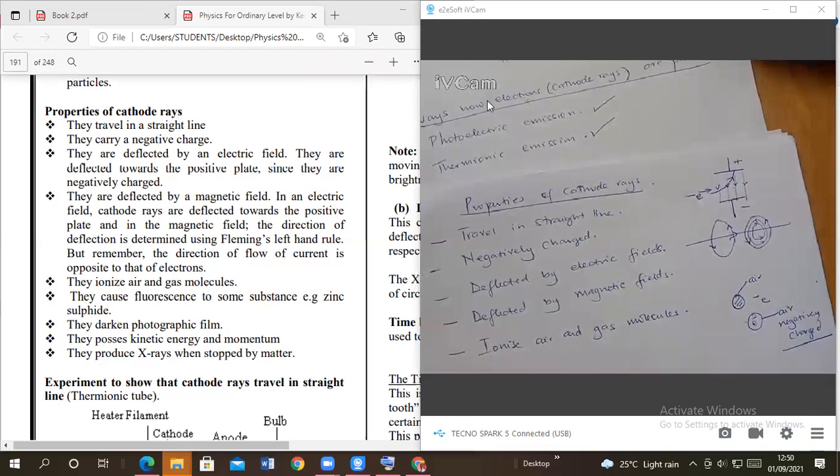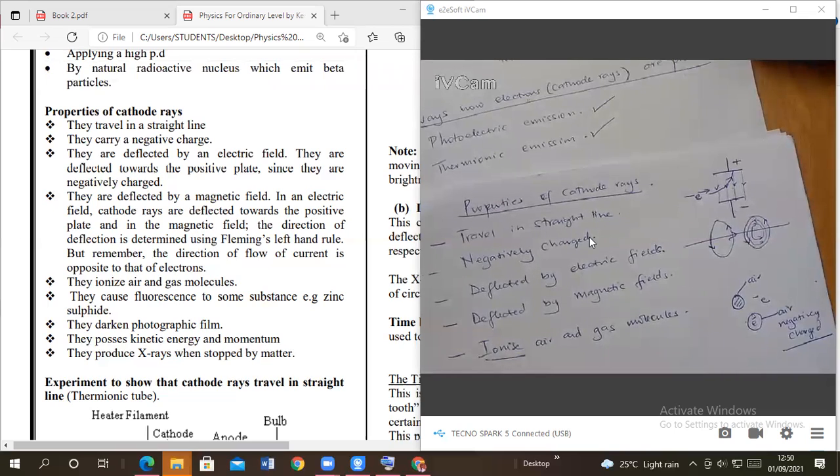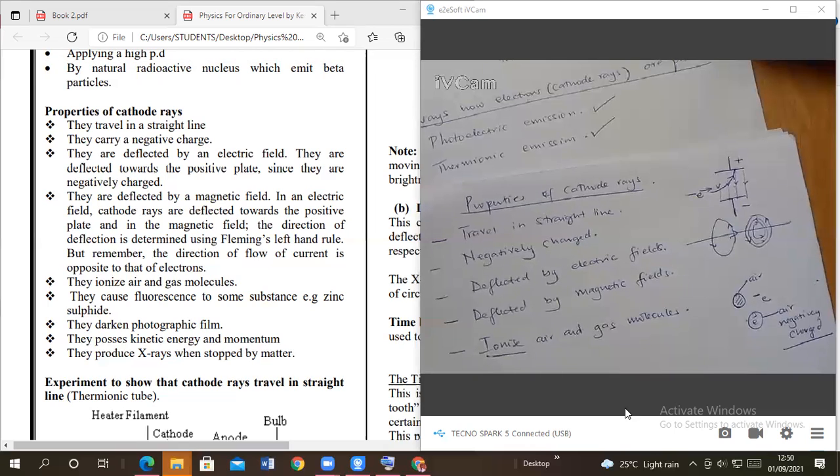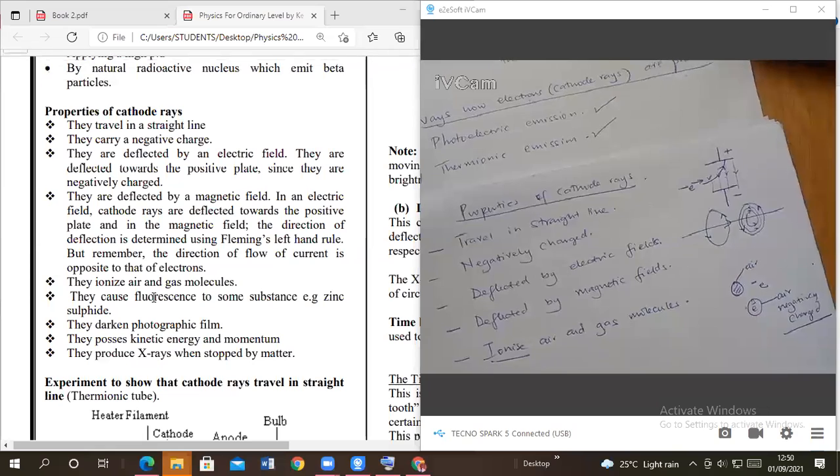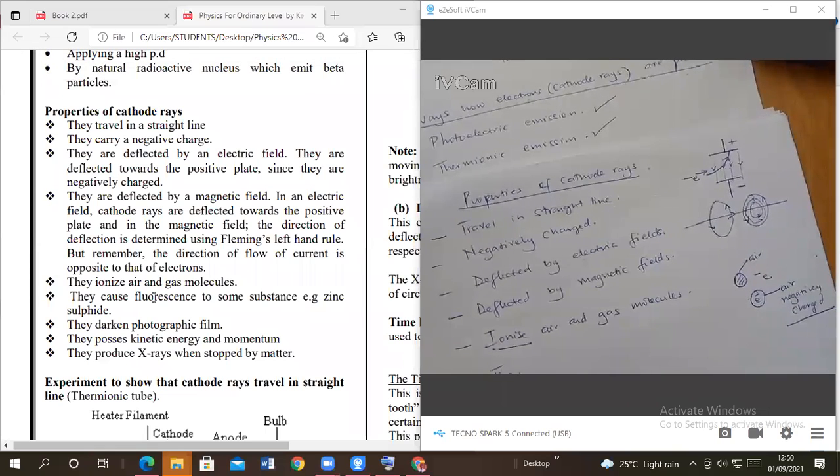So we say that the gas molecules have been ionized. Ionizing means giving a charge to the air or to the gas molecules. Those electrons can give a charge to the air particles. They cause fluorescence to some substances, e.g. zinc sulfide.